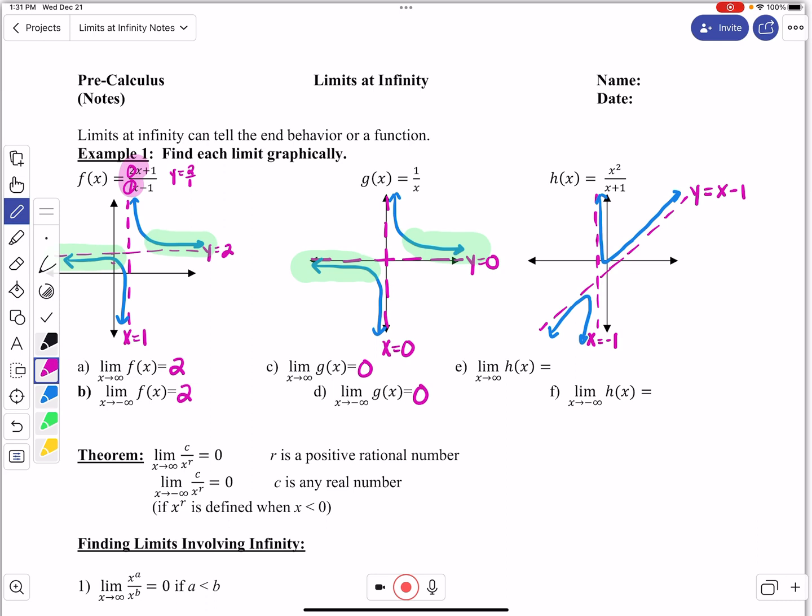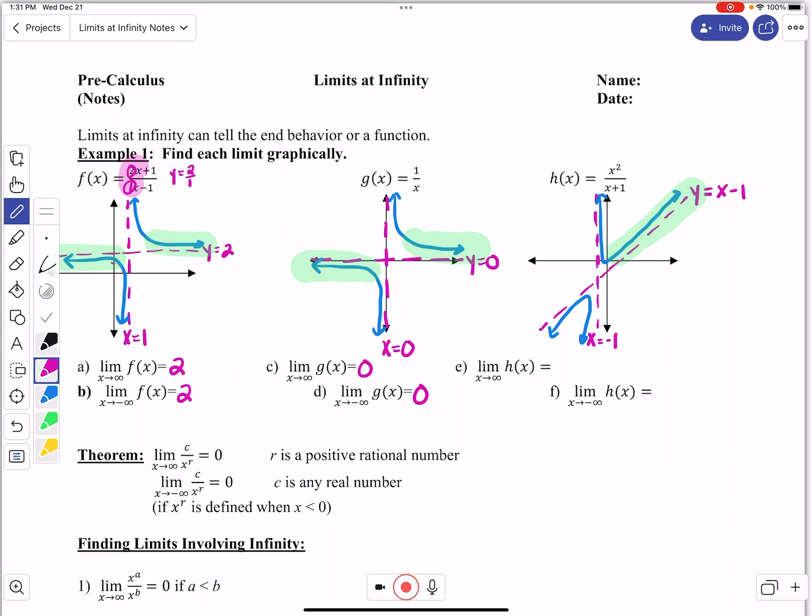All right, so on E, I'm looking at the graph of h of x. As x approaches infinity, as I move to the right, my y value is increasing. It's going up, okay? It's not approaching a certain number. It is increasing, continuously growing.